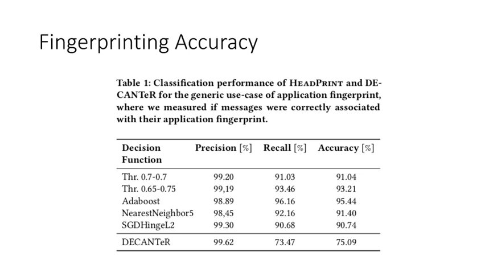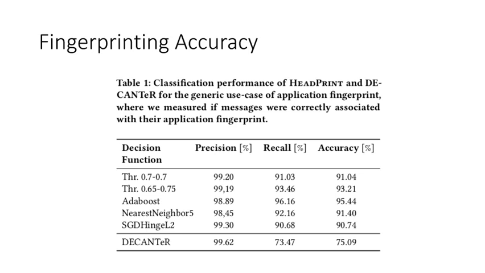Given a message, we want to match it against one of the fingerprints, and we want to see whether the fingerprint it matched with is the fingerprint representing the original application. We did this for the whole dataset, of course, and we can see three classification performance metrics: precision, recall, accuracy.